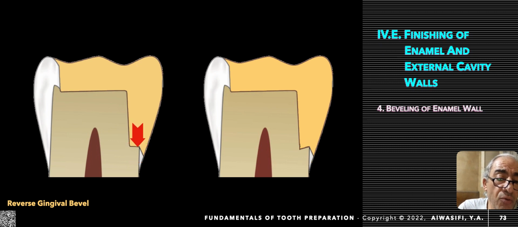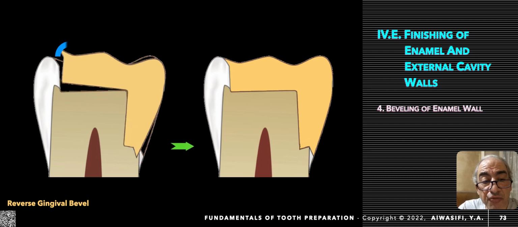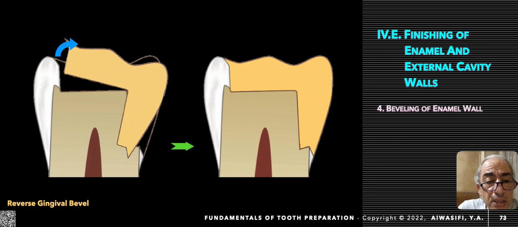As we mentioned, when force is applied like this, it will be analyzed into two horizontal components, but the one to the outside is greater than the one from the inside, and it will tend to displace your restoration, and your restoration will rock or slide around the axiopulpal line angle. But when you've done a reverse gingival bevel, the two horizontal components will be equal to each other in opposite direction, cancelling each other, and the restoration will be stable.